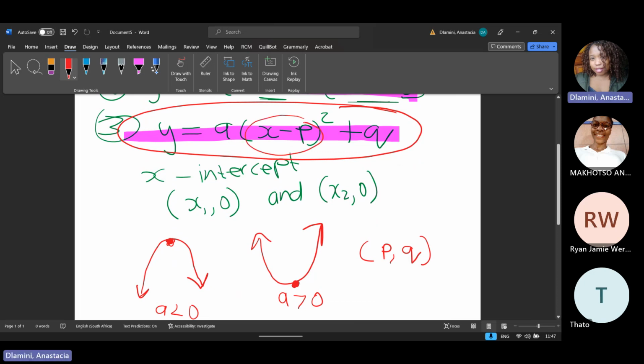Take the value of p in the bracket and take the value of q. Let me make an example. Let's say you have y equals 2(x plus 1) squared plus 3. What would be the coordinates of the turning point?